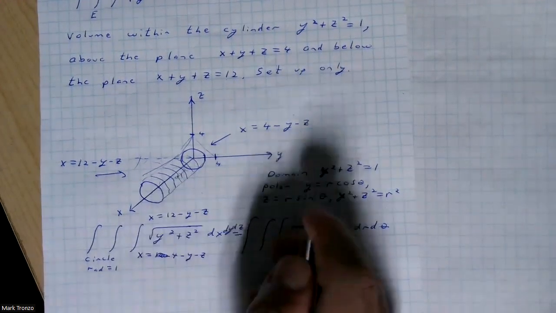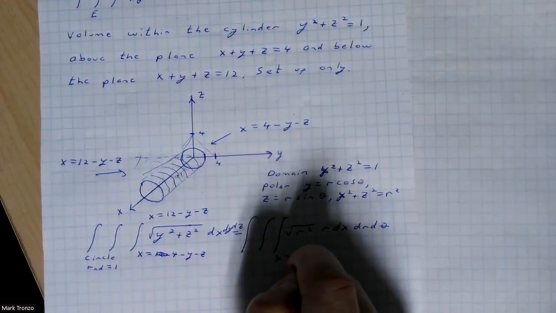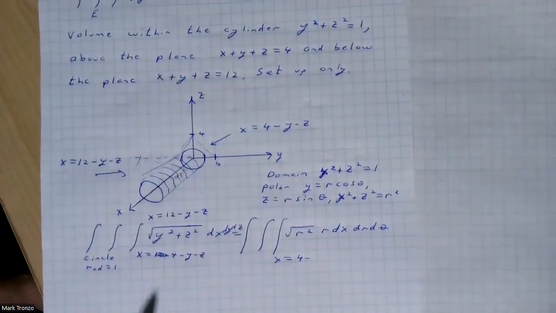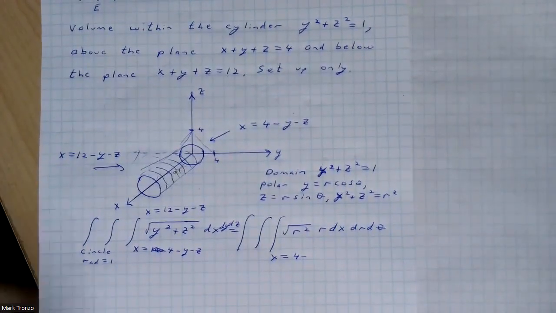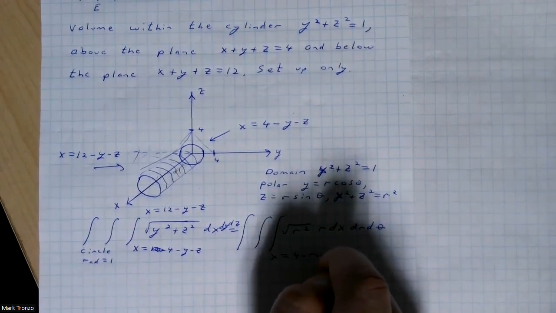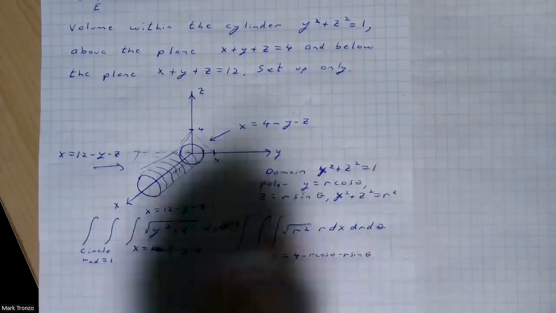And so here for x, the lower bound was x equal 4 minus y minus z. But when we switch to polar, that's going to be 4 minus r cos theta minus r sine theta.